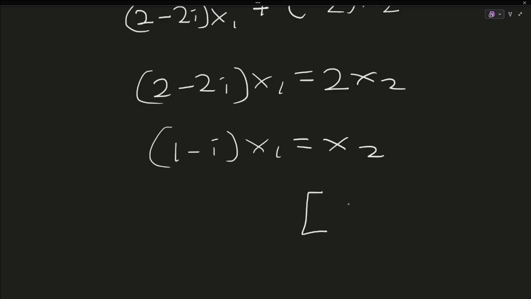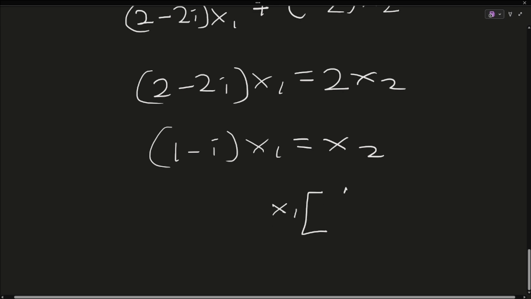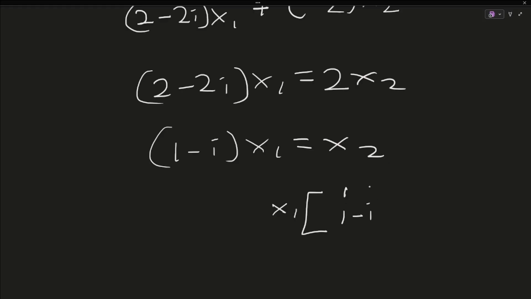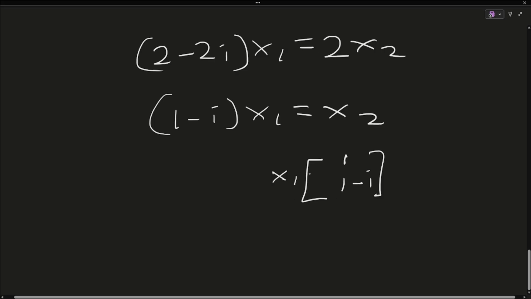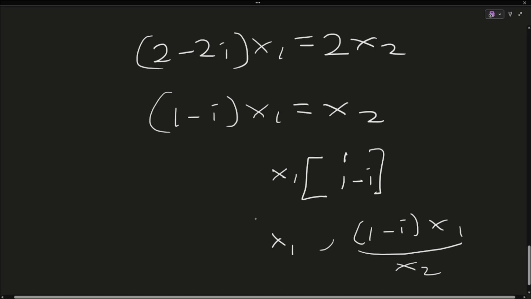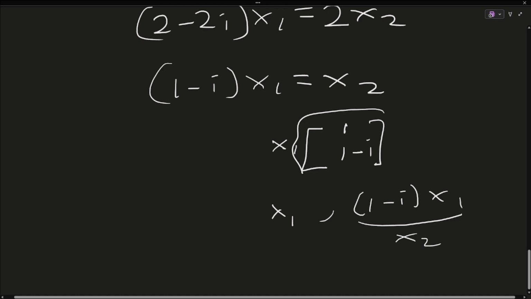So you take your free variable x1, and x2 is 1 minus i times x1. So you have x1 as your variable, and your second variable is 1 minus i x1, which is what we call x2.